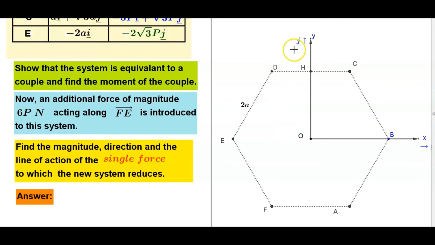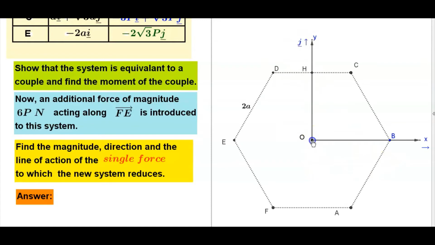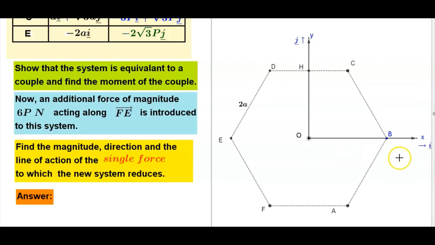Draw the OX axis and OY axis. Along the OX axis, i is the unit vector. Along the OY axis, j is the unit vector.